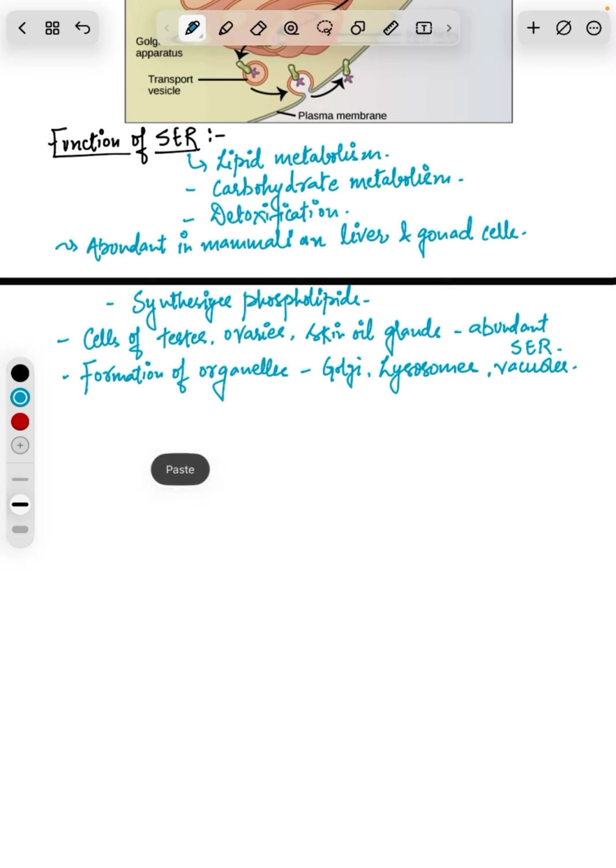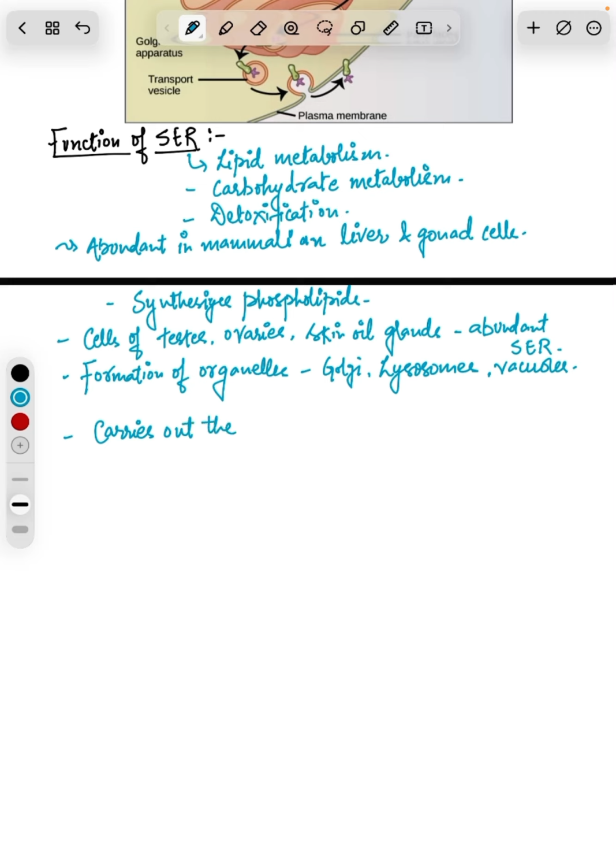It also carries out the attachment of receptors on cell membrane proteins and steroid metabolism. Now, in muscle cells, it regulates calcium ion concentration. Means in muscle cells, where calcium ions are needed for movement, SER is present and it regulates calcium ion concentration.